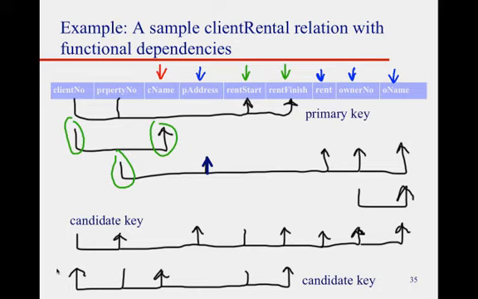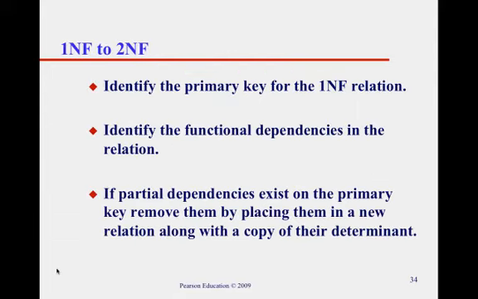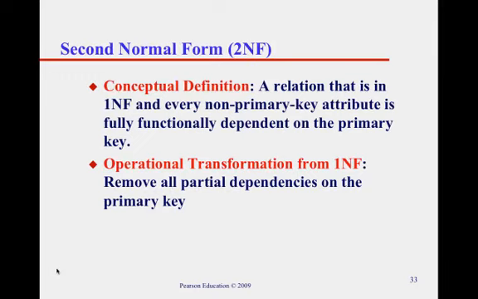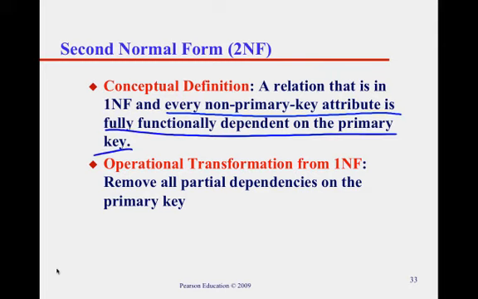If you have a relation whose primary key consists of a single attribute, it's already in second normal form. Going back for a moment, it says every non-primary key attribute is fully functionally dependent on the primary key.